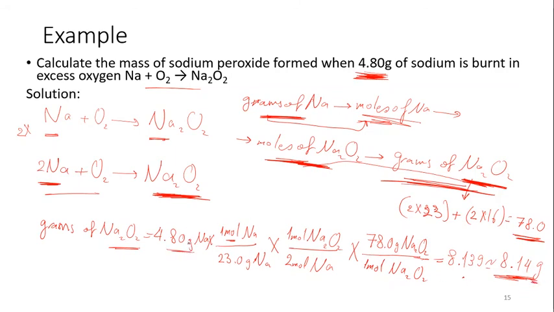If I cancel these grams with this unit, and the moles of sodium against the moles of sodium here, and the mole unit here against this unit here, I end up with only a single unit, which is grams. So this is how I can verify that my answer is correct, by looking at the last unit that I obtained after cancelling the units in my steps.